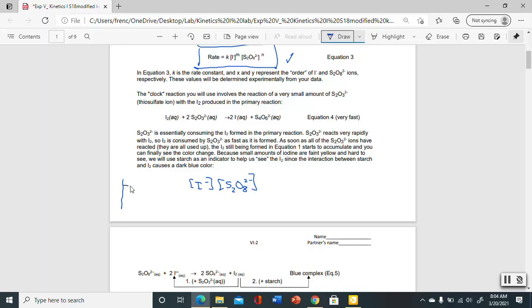As it stands now, this one has this amount of time, this one has this amount of time, and this one takes this amount of time. And trying to tell the difference between these to get our change in iodine concentration per change in time would be almost impossible. So we've got to stall it.